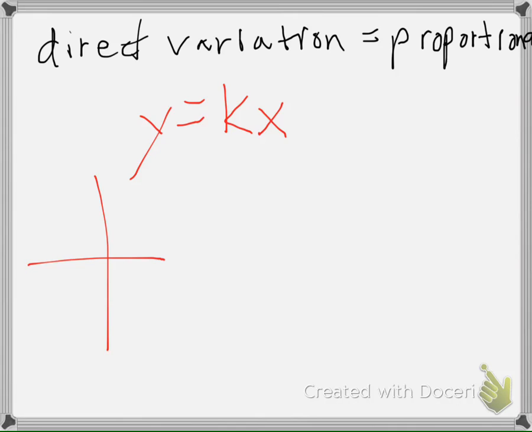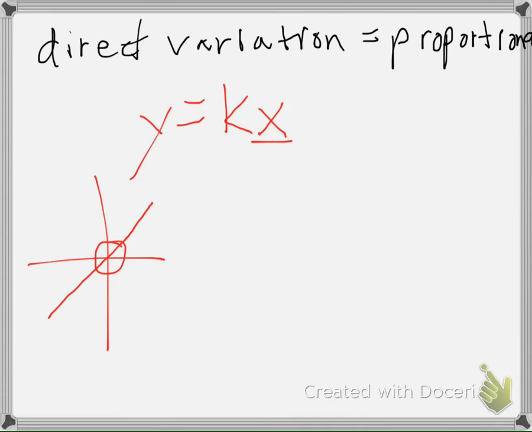Easiest way to check for direct variation on a graph, it has to go through the origin. Because if I take my x value being 0 and multiply anything times it, it's going to give me 0. So if my x value is 0 on a direct variation equation, my y value is also 0.